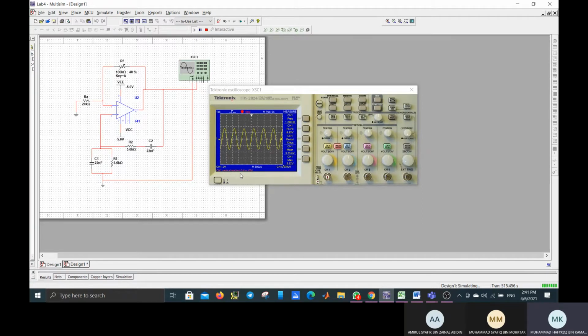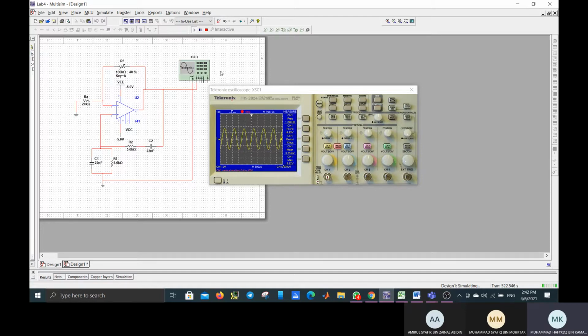Channel 1 has 2 volts and 500 nanosecond, and it has 1.2 kilohertz, and peak to peak is 6.63 volts, and period is 779 nanosecond, mean is 5.51 millivolts, and the max voltage is 3.32 volts.